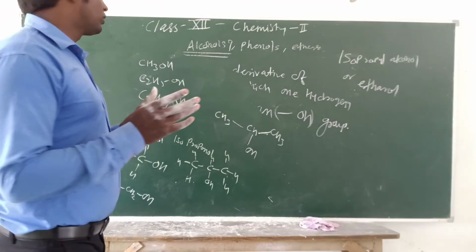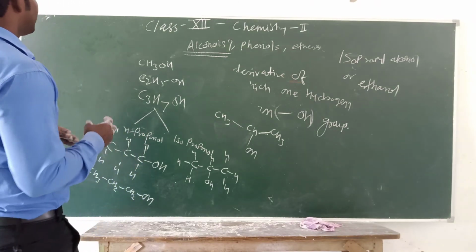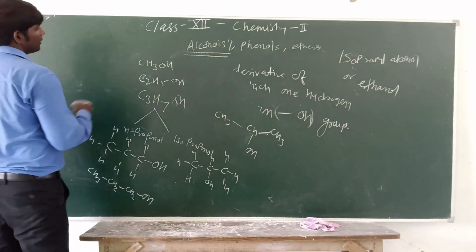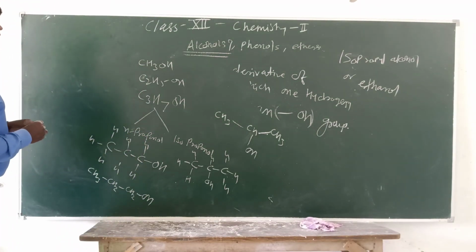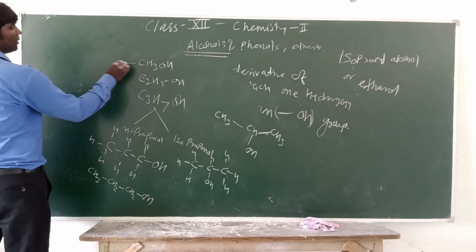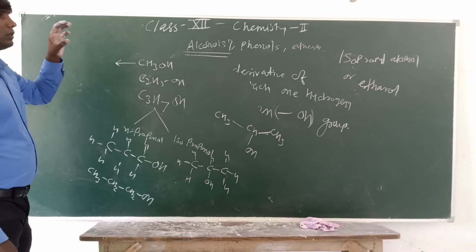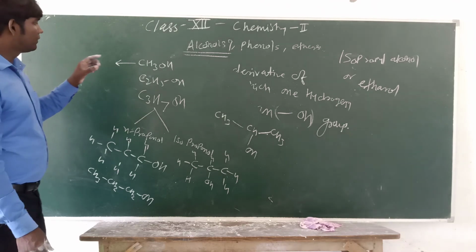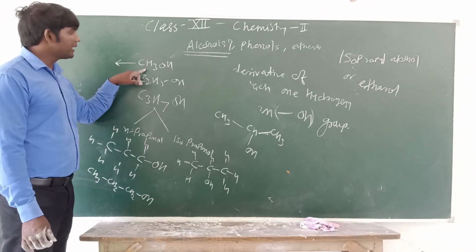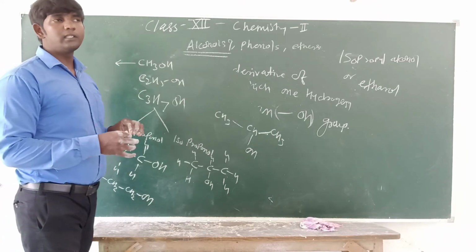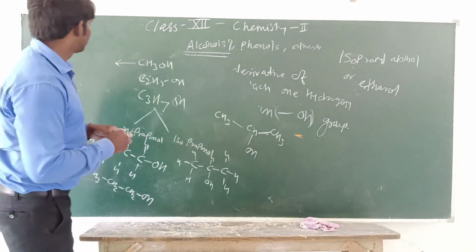We will now write some nomenclature, how to name these, okay? First you take the name of the alkyl group. How many carbons? One carbon.